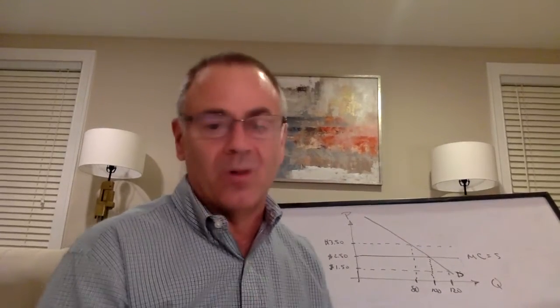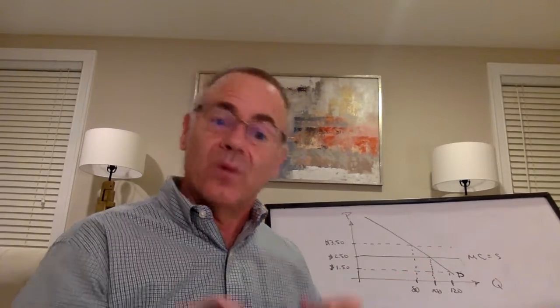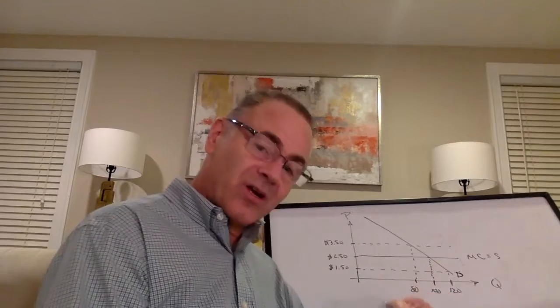The socially optimal market clearing quantity would be 80 in this case. So in the actual market, what's bought and sold is 100, but if we took account of the externality, 80 would be bought and sold.